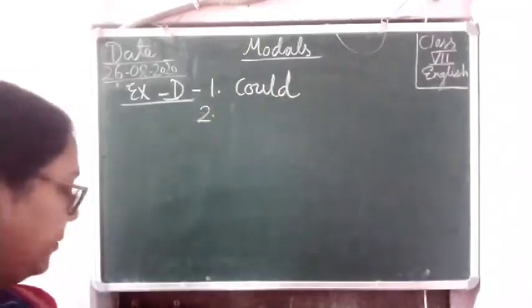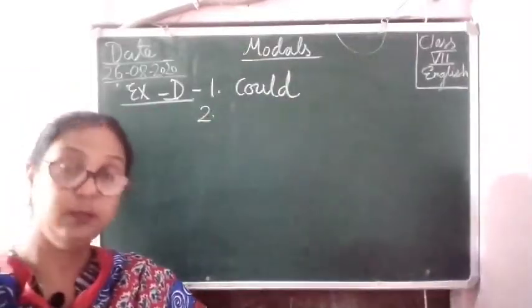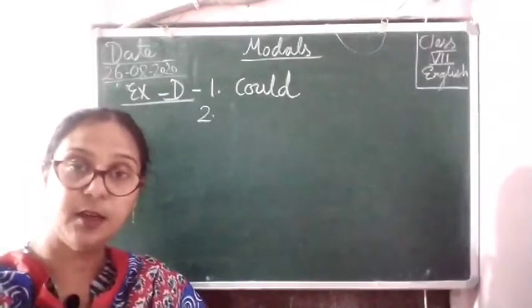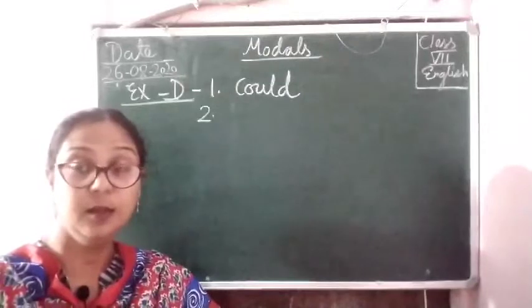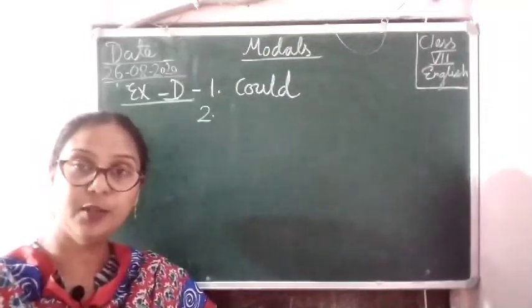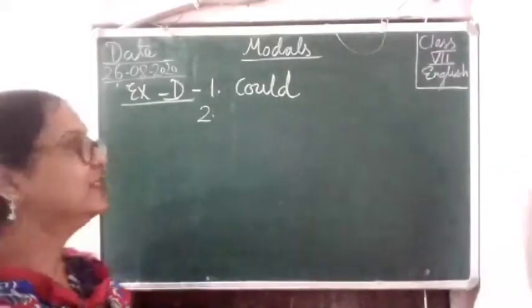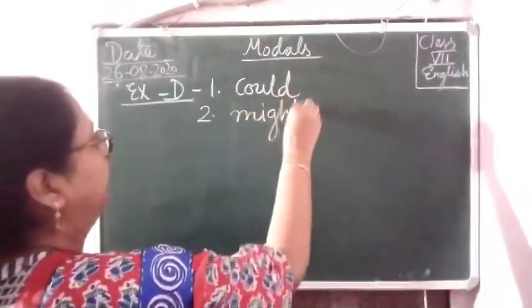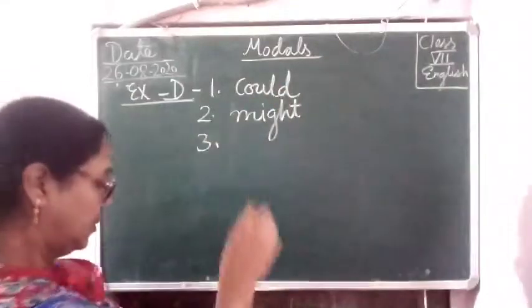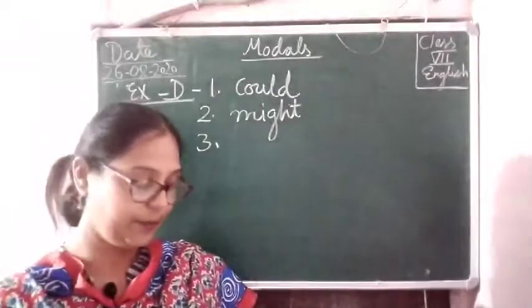In the second, it dash rain tomorrow, and in the bracket it is written weak possibility. Which modal can show weak possibility? Not may, so it will be might. So we are going to write, it might rain tomorrow.